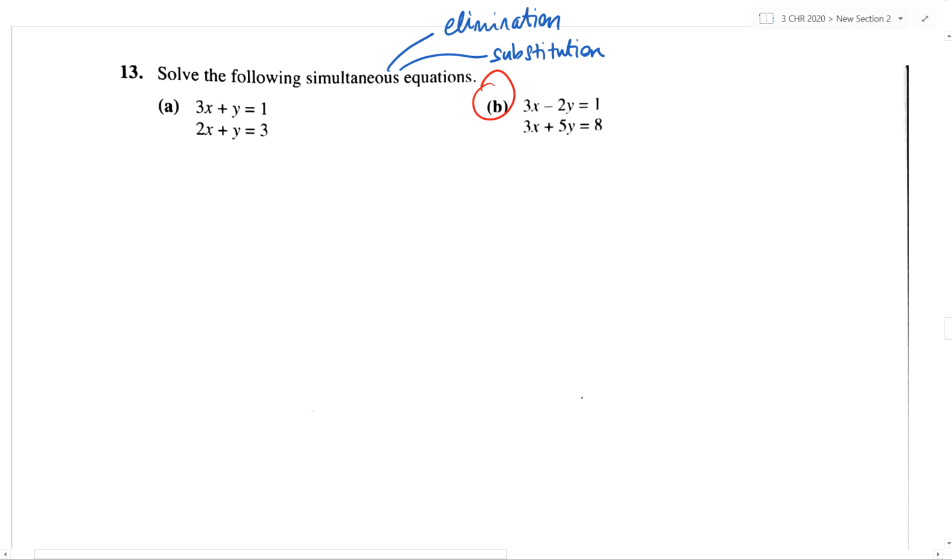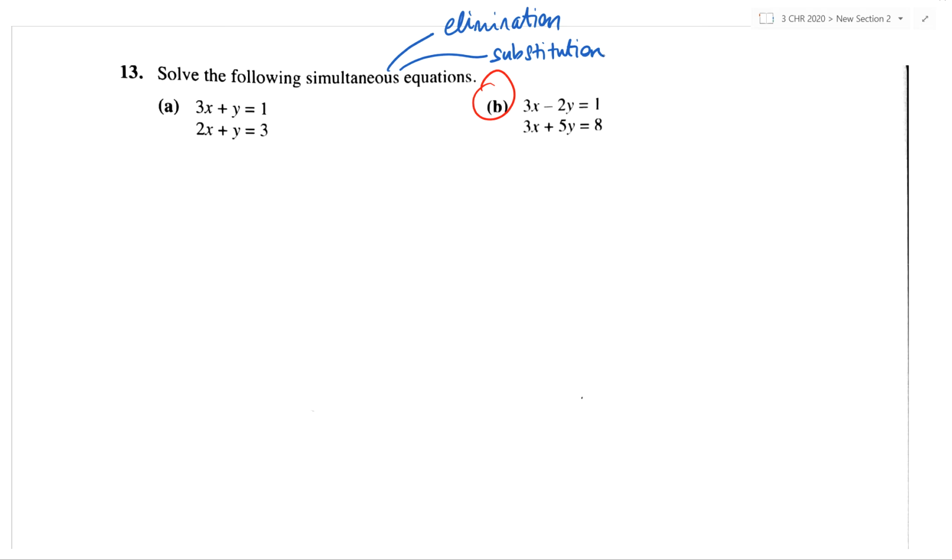Whichever method you choose, you will get the same answer provided you do it correctly. Even within elimination, there may be different approaches. Even if you choose substitution, there may also be different approaches.